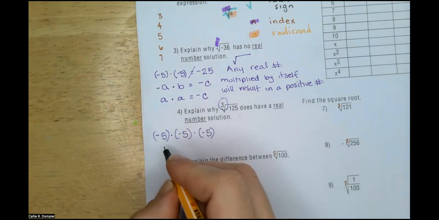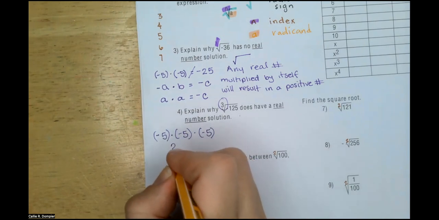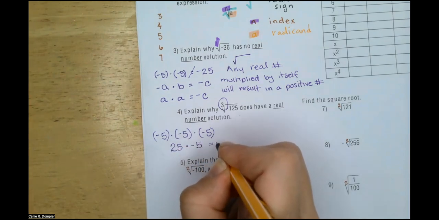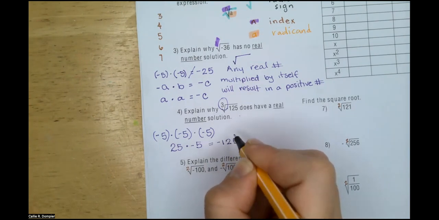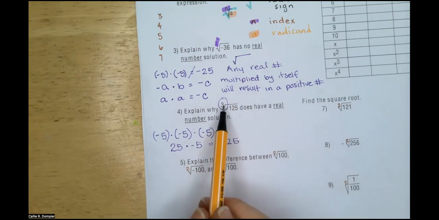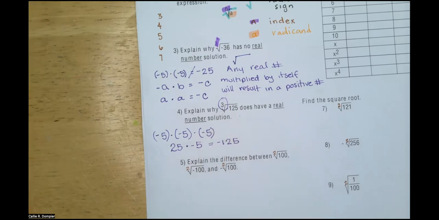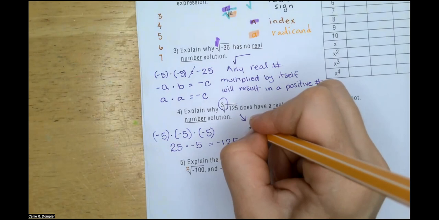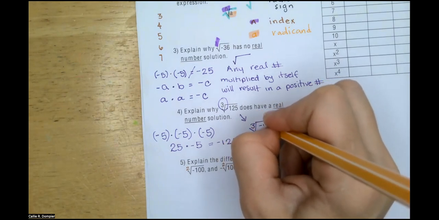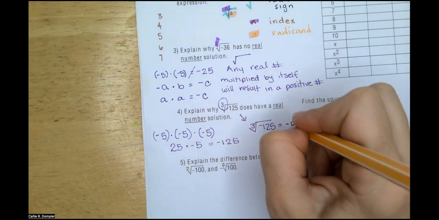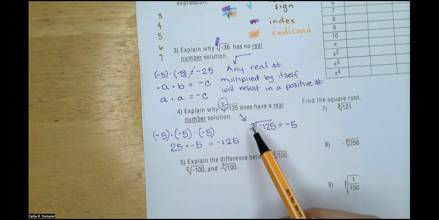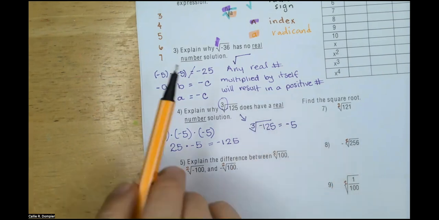Negative times a negative becomes a positive 25, but now we get to multiply it by a negative, and a positive times a negative will give us a negative. So if your index is odd, there will be a real number solution. The cubed root of negative 125 is negative 5. It's not positive 5, because positive 5 times positive 5 would be 25 times positive 5 would be positive 125. So the cubed root of negative 125 is negative 5.